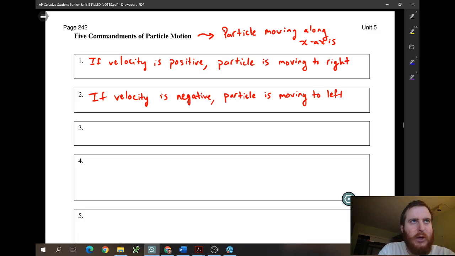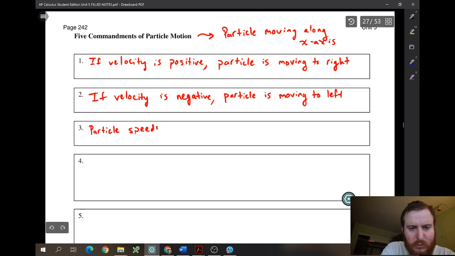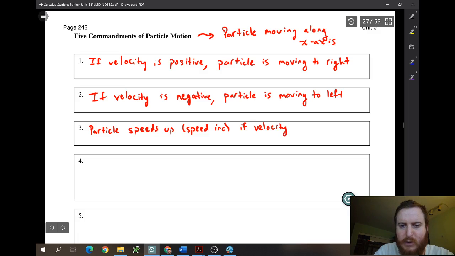All right, next up we have speed, and we haven't really talked about this one, but this is a little bit trickier. The particle speeds up, that would mean the speed increases, if the velocity and acceleration have the same sign. I'll talk about this in a minute.